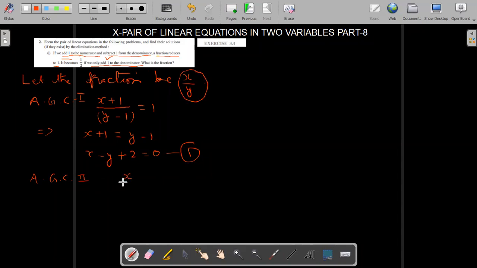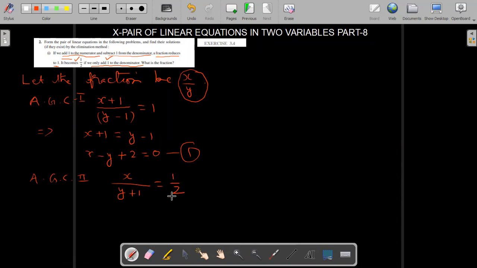Means x upon y plus 1, adding 1 to the denominator, it becomes 1 by 2. So very simple. Adding, subtracting, then it becomes 1. When we are adding 1 to the denominator, it becomes 1 by 2.